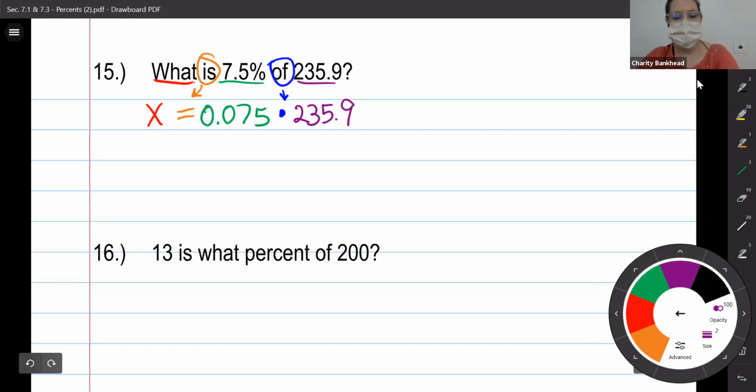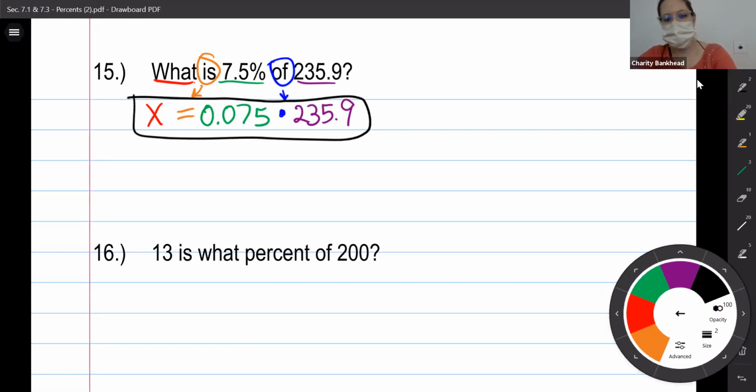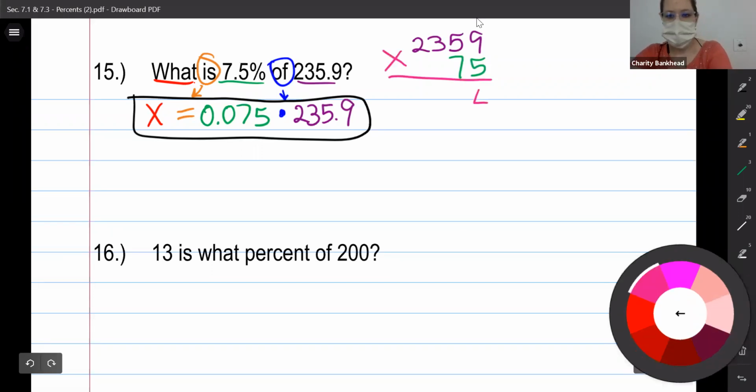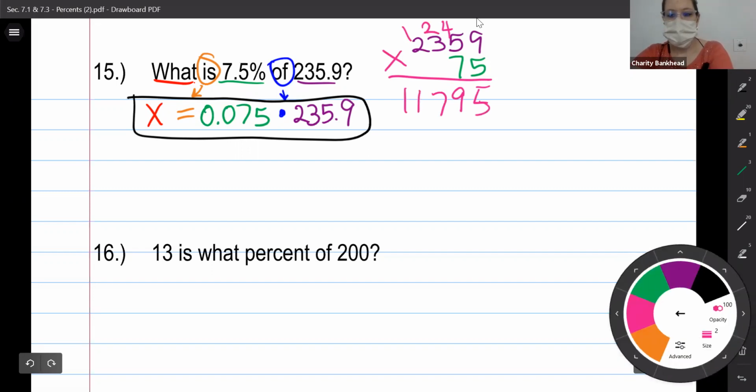And then to solve it, I just have to multiply. So 235.9 times 75. All right, so 5 times 9 is 45.